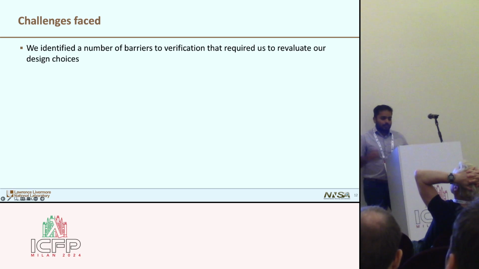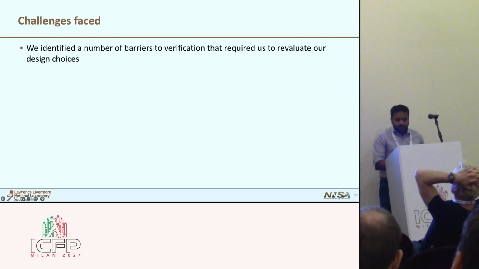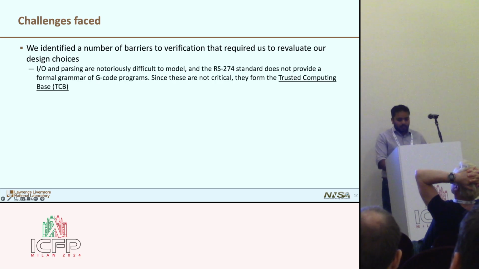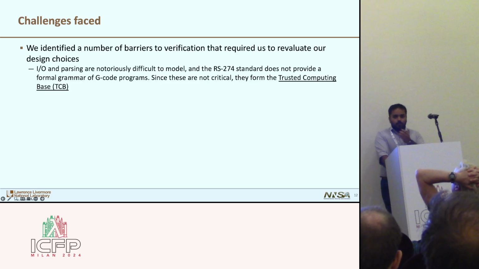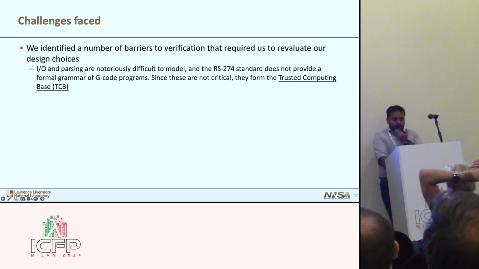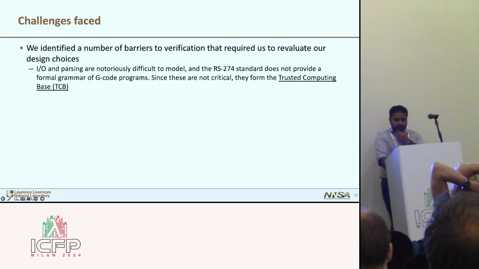Once we achieved this modular design, we started verifying, and there were some specific challenges. The first challenge was with respect to I/O and parsing, which was notoriously difficult to model because the RS-274 standard does not provide a formal grammar for these G-code programs. So we had to carefully go through the manual and write the grammar, but we do not verify it yet. We focused our attention on verifying the core interpreter, and since these parts are not very critical, this formed the trusted computing base.